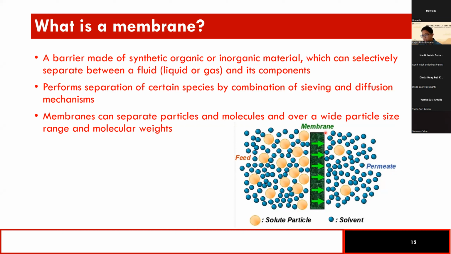And diffusion mechanisms. So inside the membrane, there are several porous structures, and this will either allow the diffusion of these particles or will reject these particles. Membranes can separate particles and molecules over a wide particle range and molecular weights.